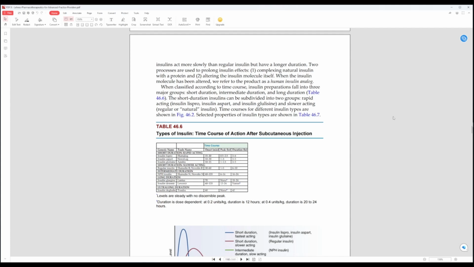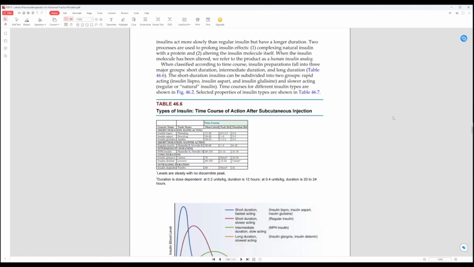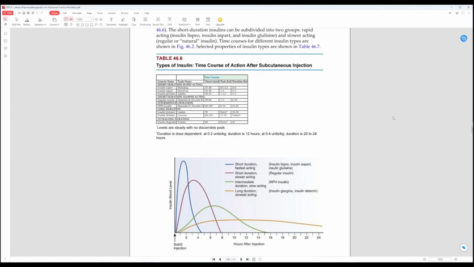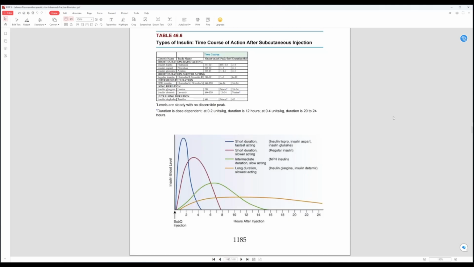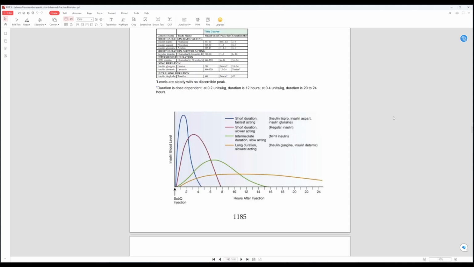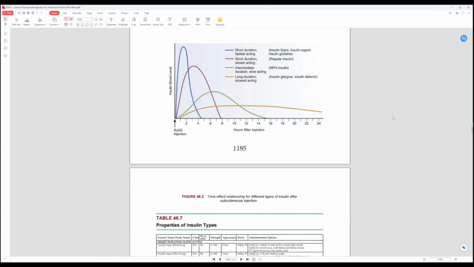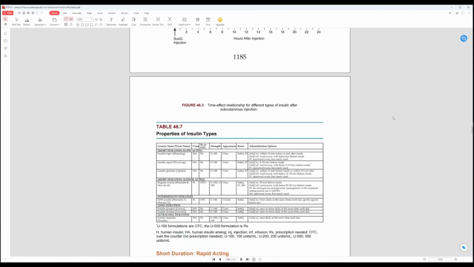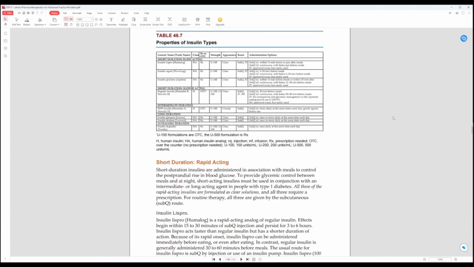Selected properties of insulin types are shown in table 46.7. So here are some excellent spots to hit pause so you can review the different types of insulin and the time course of action after a subcutaneous injection. Then this next table shows the properties of insulin types. Again, hit pause.